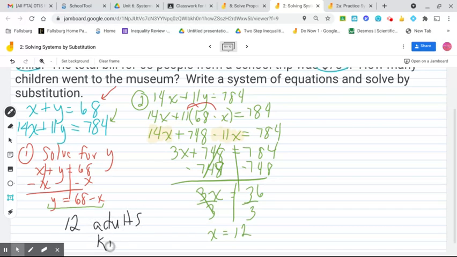We have to figure out how many kids there were. Okay, so we're going to take this, x equals 12, and we're going to plug it back into one of our equations. That's going to be our third and final step here. So again, I always use the easier one, and the first one, x plus y equals 68, is easier.